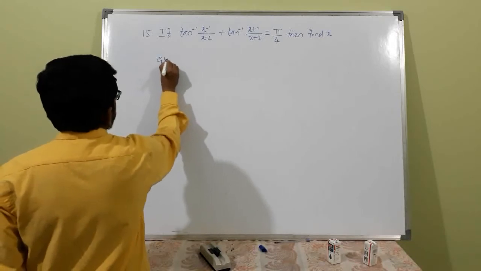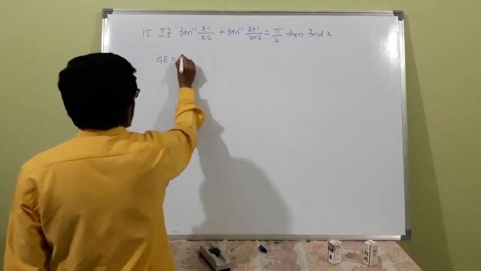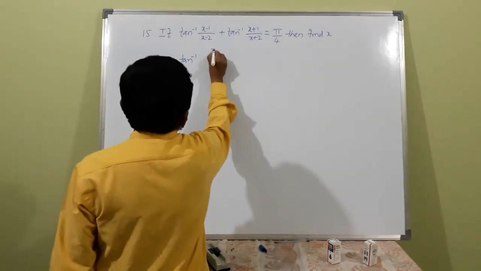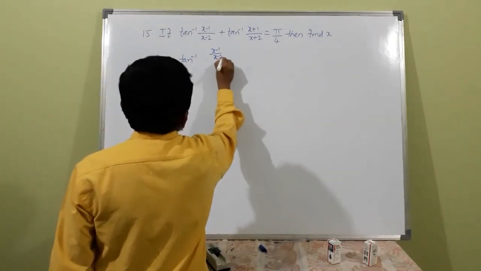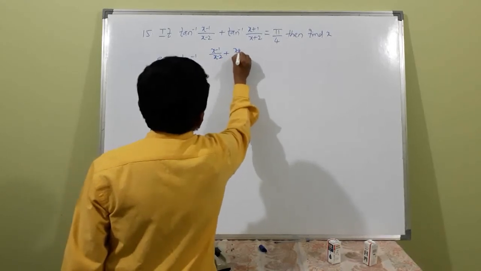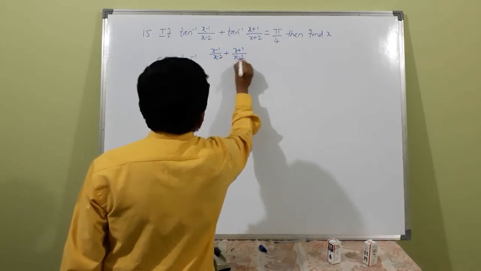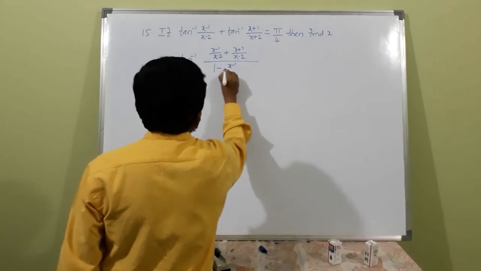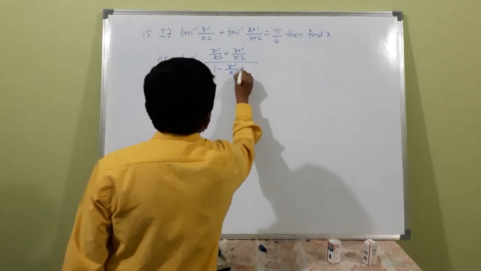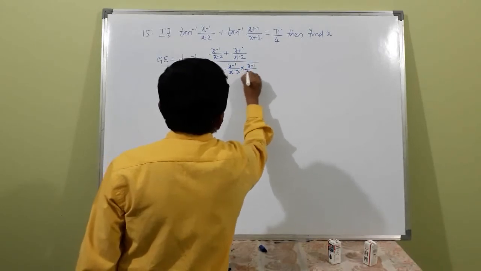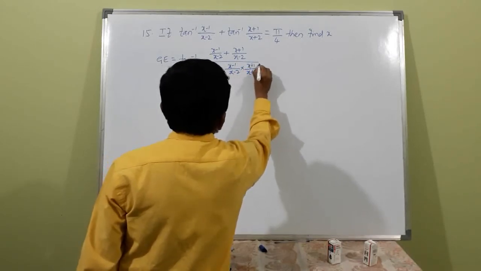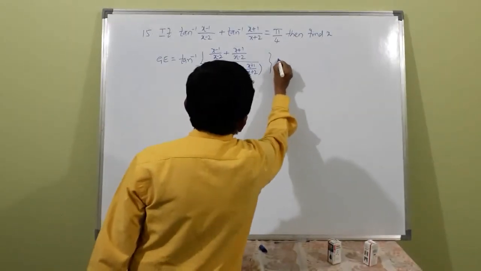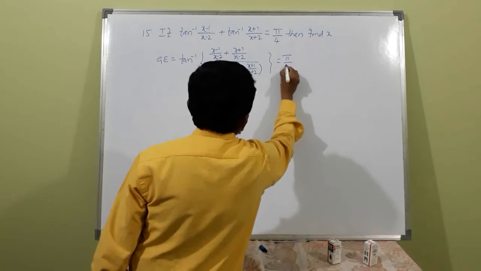So the given expression is equal to tan inverse of (x minus 1 by x minus 2 plus x plus 1 by x plus 2) divided by 1 minus (x minus 1 by x minus 2) into (x plus 1 by x plus 2), is equal to 5 by 4.